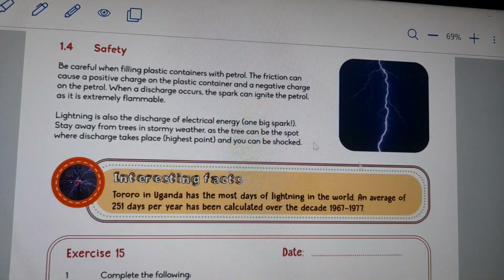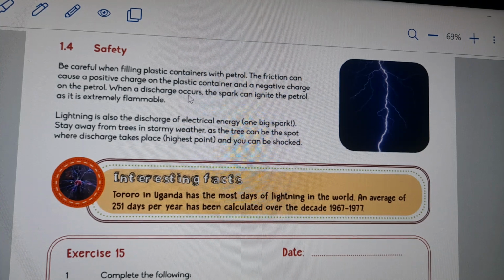Okay, page 169, the last part of static electricity. They say be careful when filling plastic containers with petrol. The friction can cause a positive charge on the plastic container because the plastic will lose the electrons, and the petrol will gain electrons and be negatively charged.